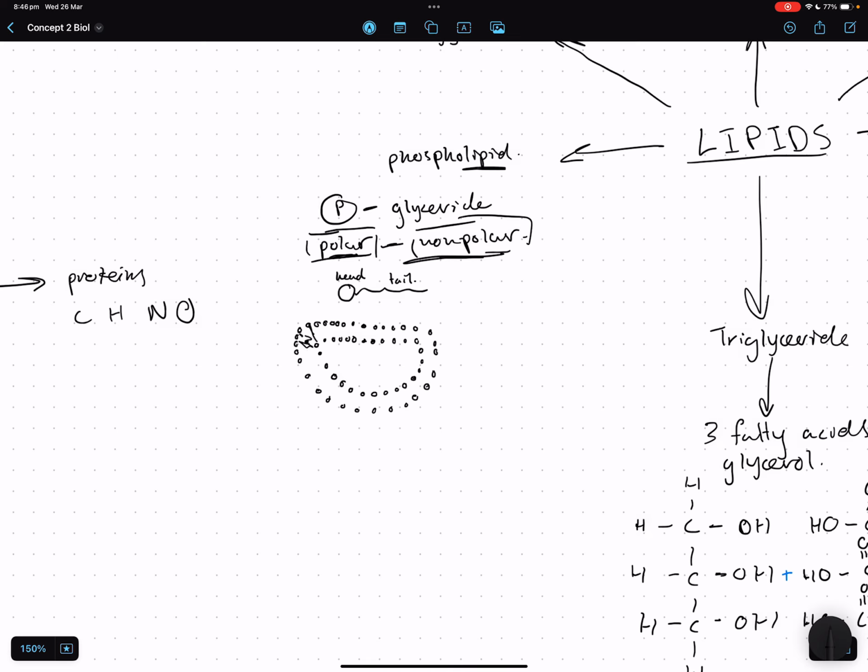So the tails all form interactions with each other, and the heads all form interactions with the water. And so you have this vesicle formed. There are two layers of phospholipids that form this vesicle, and this is basically a cell membrane. A vesicle is a fluid-filled sac.